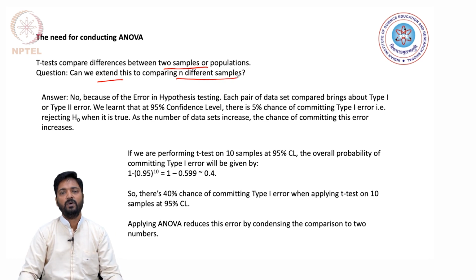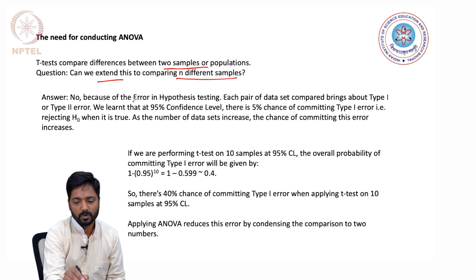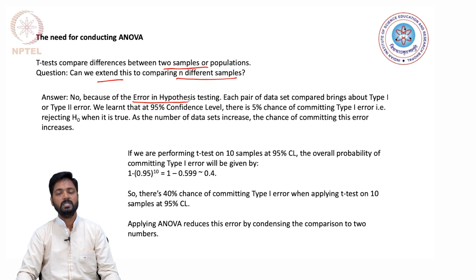Suppose we have 5 or 10 different samples that are being compared, and within these samples we have individual readings. Can we apply the t-test to compare these samples and arrive at a particular inference? The answer to that question is no, we cannot apply the t-test on a very large number of samples, because we were introduced to the term error in hypothesis testing.